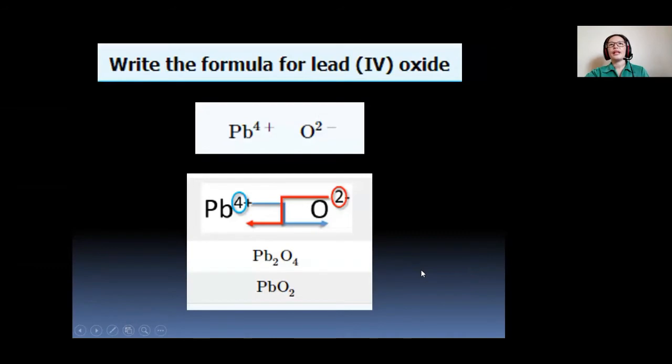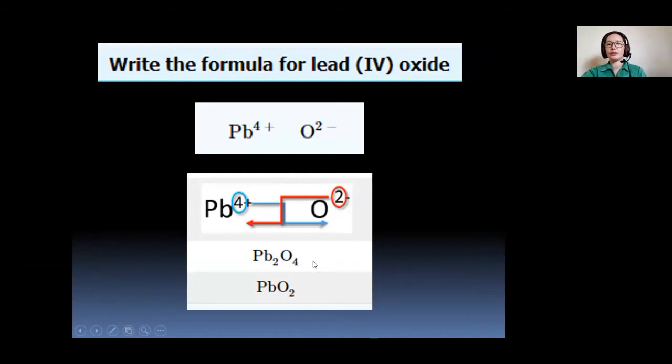Okay? And then look at this example. If you encounter lead(IV) oxide, the symbol for lead is Pb with a charge of positive 4, and oxygen is negative 2. If you crisscross the oxidation numbers, we'll have the formula Pb2O4.